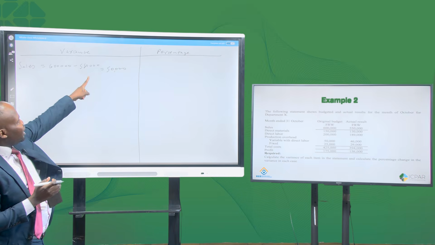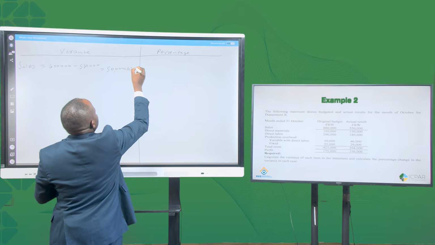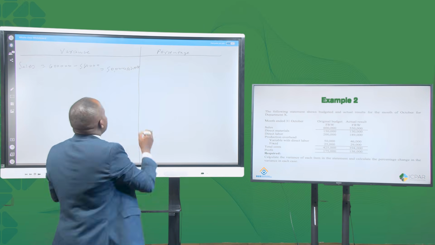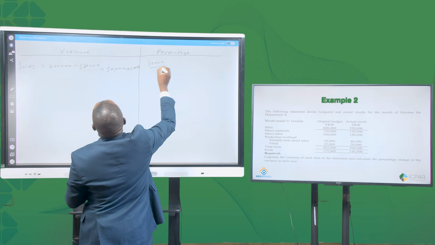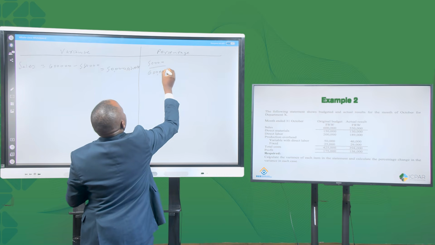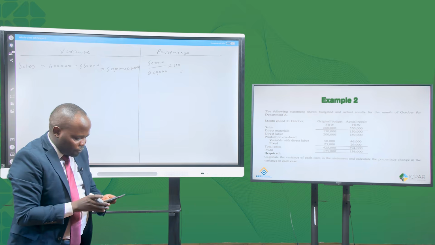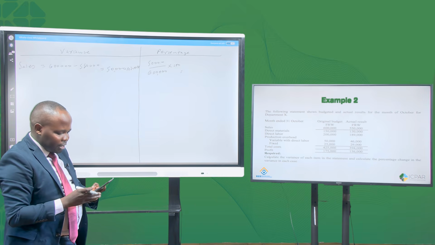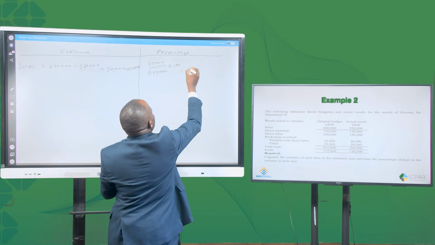Budget was more than actual, so it is adverse, because your actual is less. So it will be 50,000. Percentage over budget is 600,000 times 100. So that gives you 50 divided by 600 times 100, which is 8.3%.